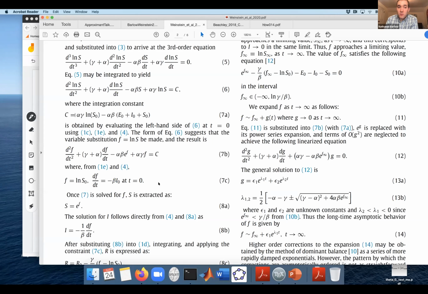And notice that the manipulation suggested that the natural log of S is a natural way to examine the susceptible population. So that sort of popped out, and we used that element to get to equation 7b. We were going to track that directly. Yeah, 7b is just basically replacing log of S with a dummy variable F.